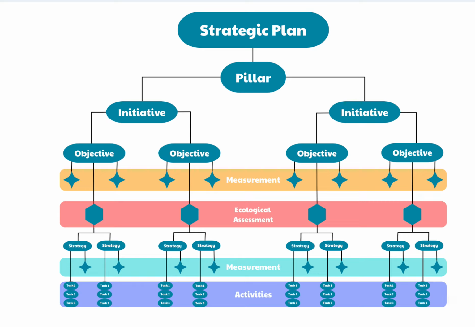Each strategy will have multiple or many activities and tasks. A timeline for an activity task could be very short, from a few days, from completing a momentary task, or just a few weeks.